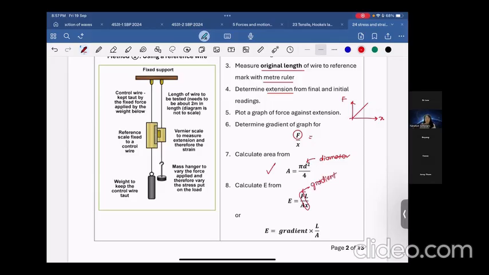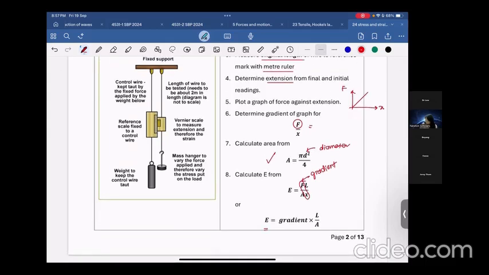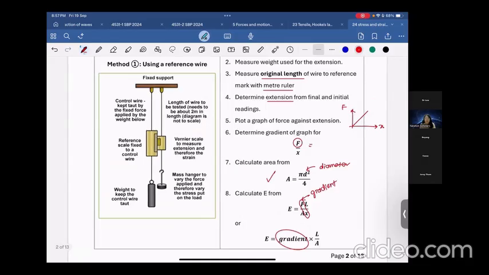This is your gradient from the graph. Of course, if you don't want to use the graph, you can measure every single one of them. So your Young modulus can be gradient times L over A. This is roughly the way we find the Young modulus.